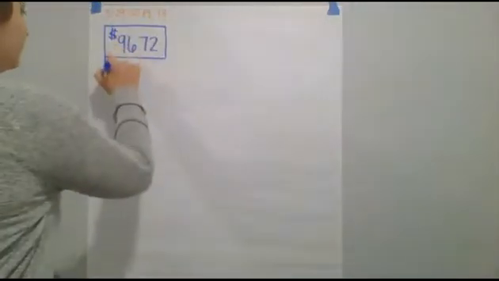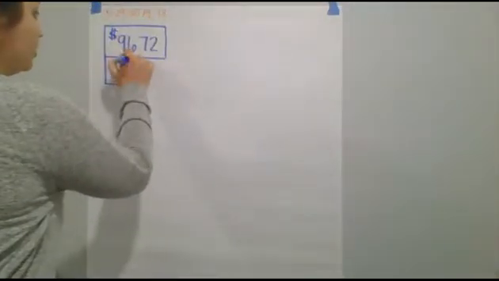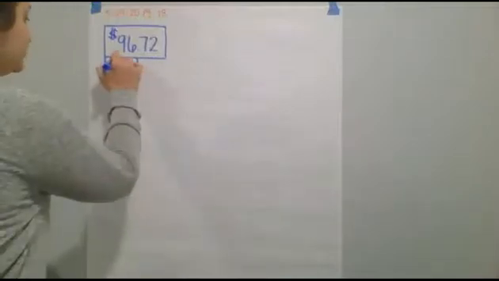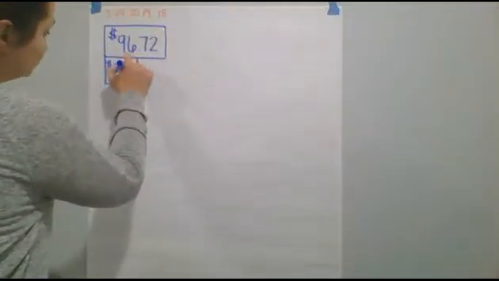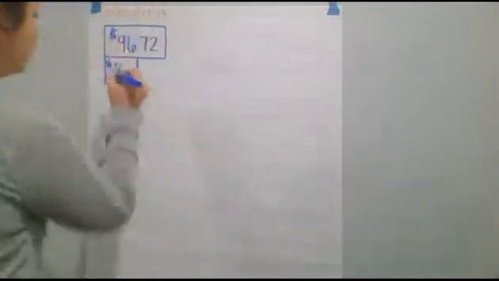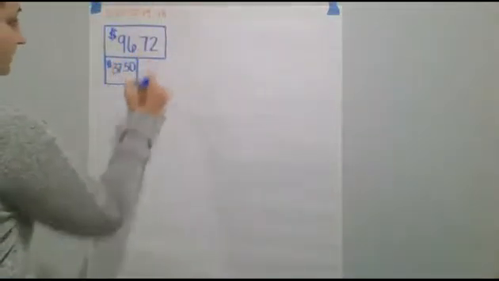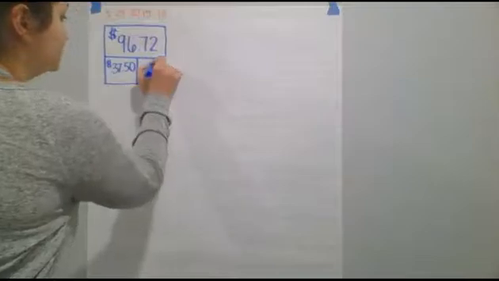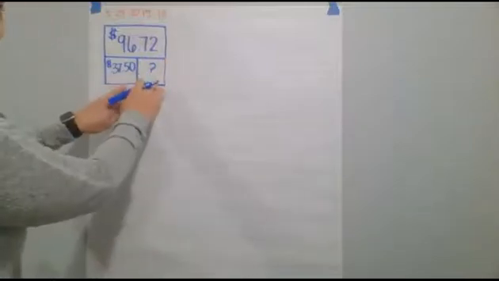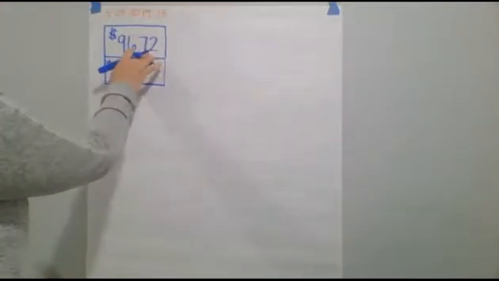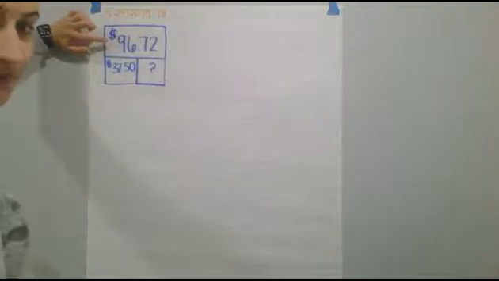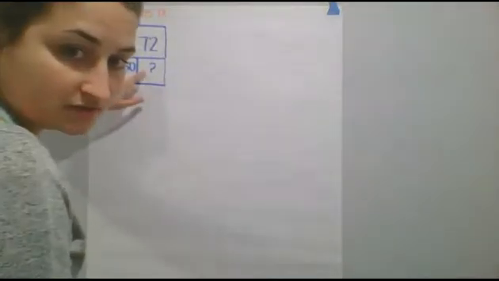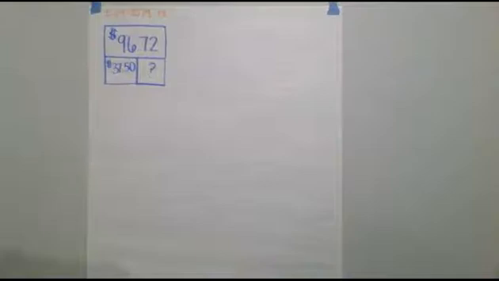Then I go to the store and I spend $37.50. Now I want to know how much money is left. We know that these two amounts are going to equal this amount. So I want to figure out how I can use my whole and the amount that I spent to figure out what is left over.